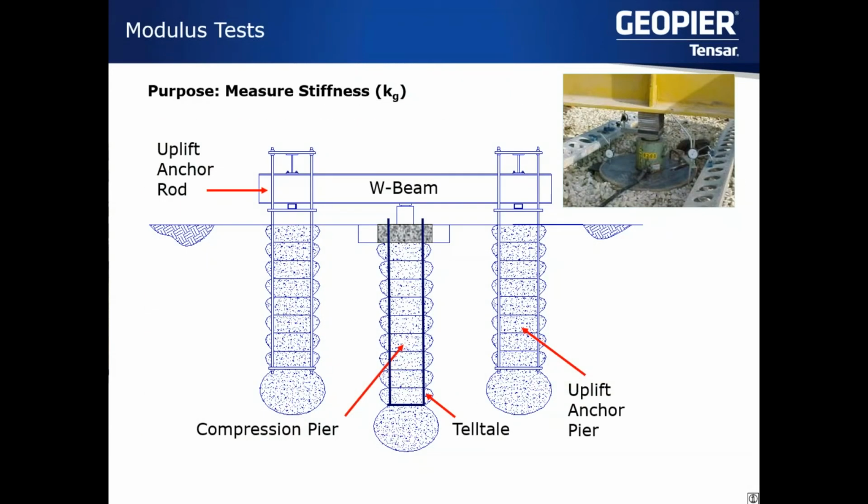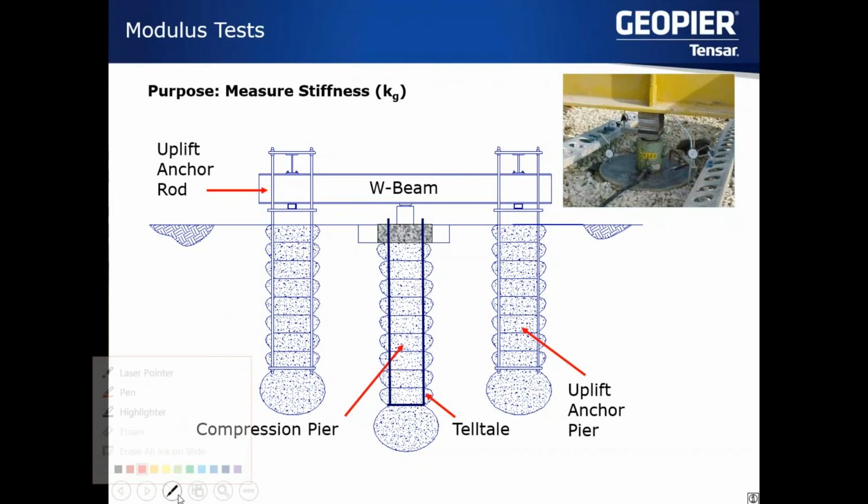And I hit on this just briefly earlier, the fact that to confirm our design assumptions, we'll run a load test, or what we call a modulus test. And these do come in various forms, but the preferred method is what we have shown here, which is our single pier modulus test.